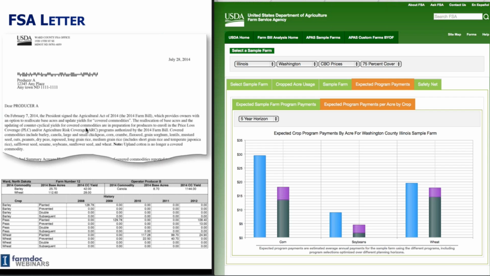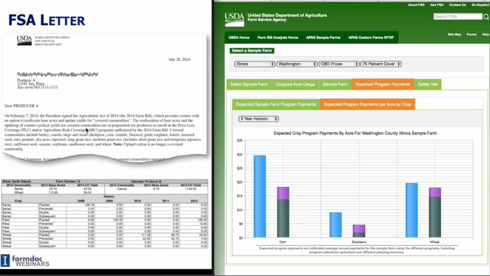So whenever you updated that last, it should be the most current countercyclical yield on the farm. It may be a yield that was established 20, 30 years ago. It may be one that you updated the last time we had a chance to update. But that is the number that FSA has on record as the current payment yield number that will be used.